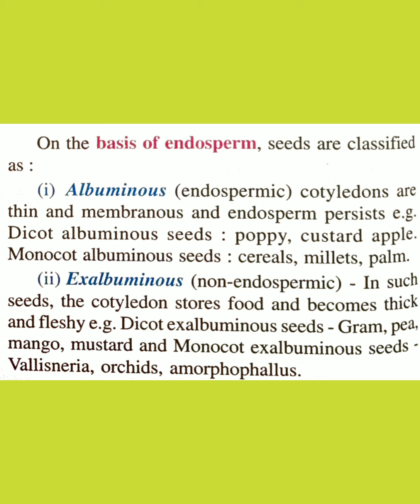Seeds with endosperm are called albuminous or endospermic, whereas in seeds like mango, the endosperm is absent. Such seeds are called exalbuminous or non-endospermic.